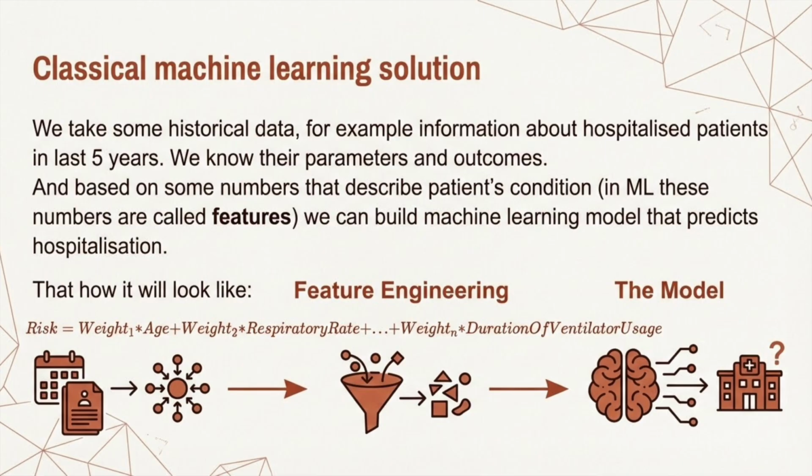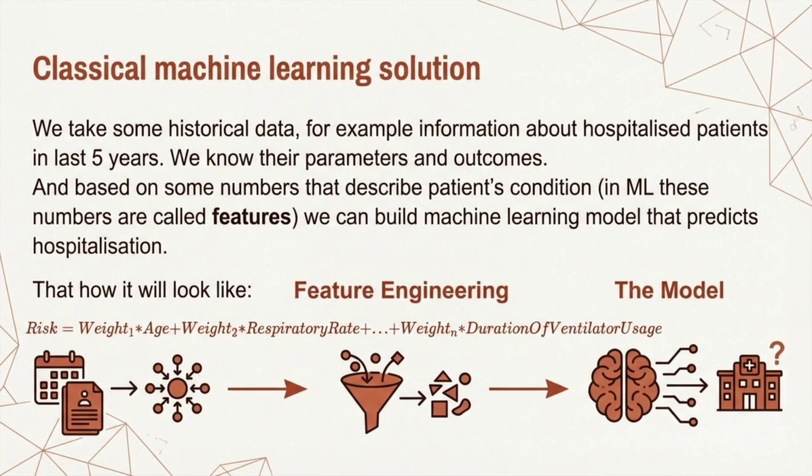So something that describes the patient, like, for example, age, respiratory rate, average respiratory rate during sleep, duration of non-invasive ventilation during sleep, or some behavior parameters like sport exercise or smoking, or results of some analyses. Everything is called features, and they are described by numbers.